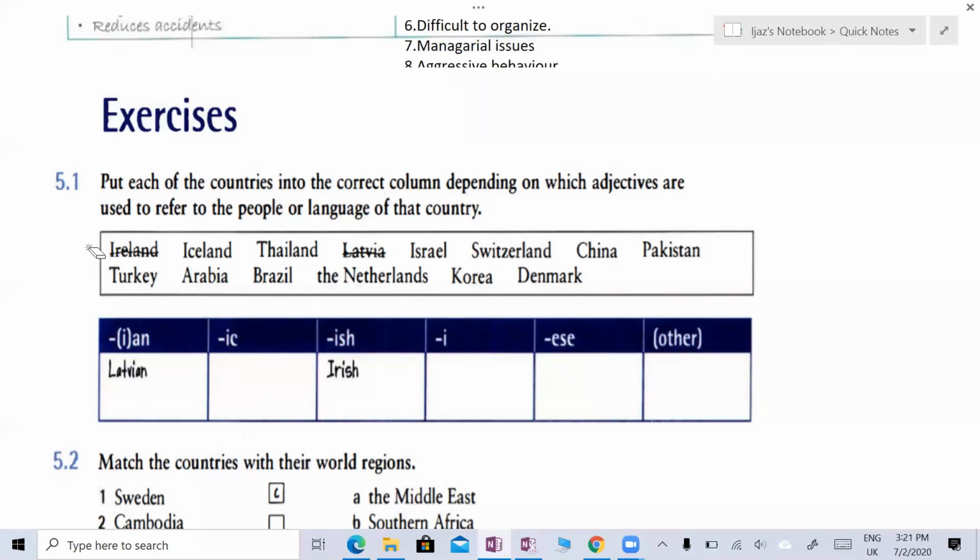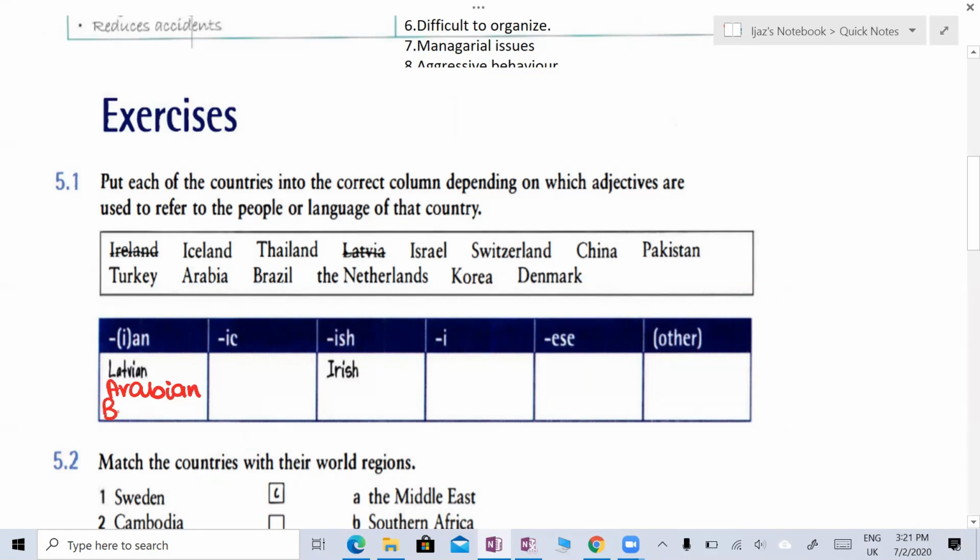Which countries can we write under this heading, like IAN? For example, Latvian. Is there any other country which comes in this category? For example, Latvian. We can also say Arabian. Brazilian, yeah, Arabian, Brazilian.